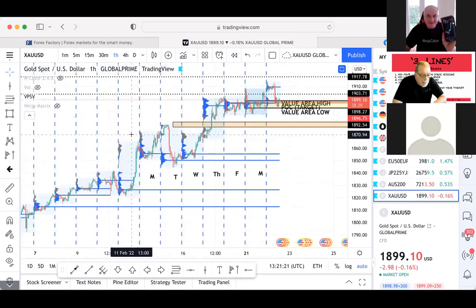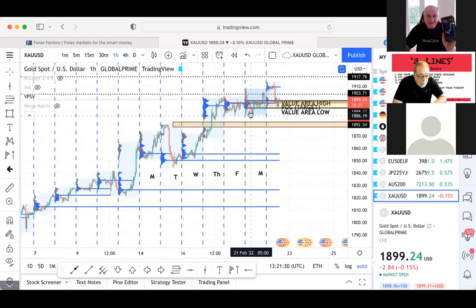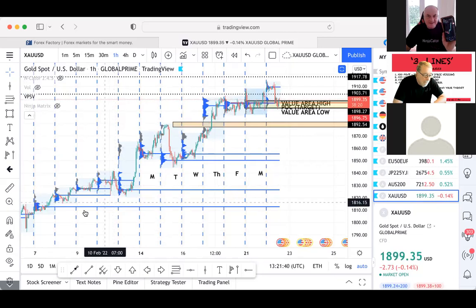So this automatically works out the volume profile for each session, so each day's session in this case. That is one volume profile. That is Friday's volume profile. That is Thursday's volume profile. That one's Wednesday's, and so on.